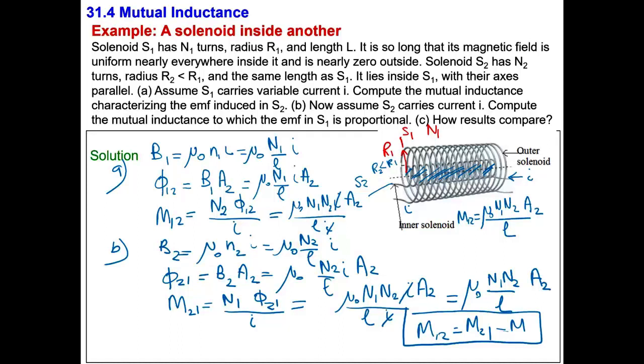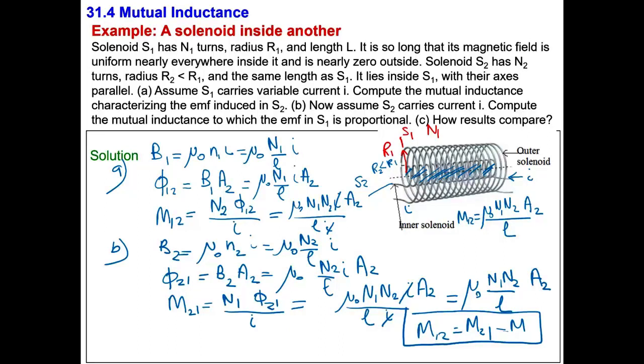So the idea is, first of all, determine the magnetic field due to one coil. Then determine the flux through the other coil in one turn. Once you determine the flux through the other coil, you use the general equation that the mutual inductance equals the flux linkage, which is the number of turns times the flux, divided by the current from the other coil.